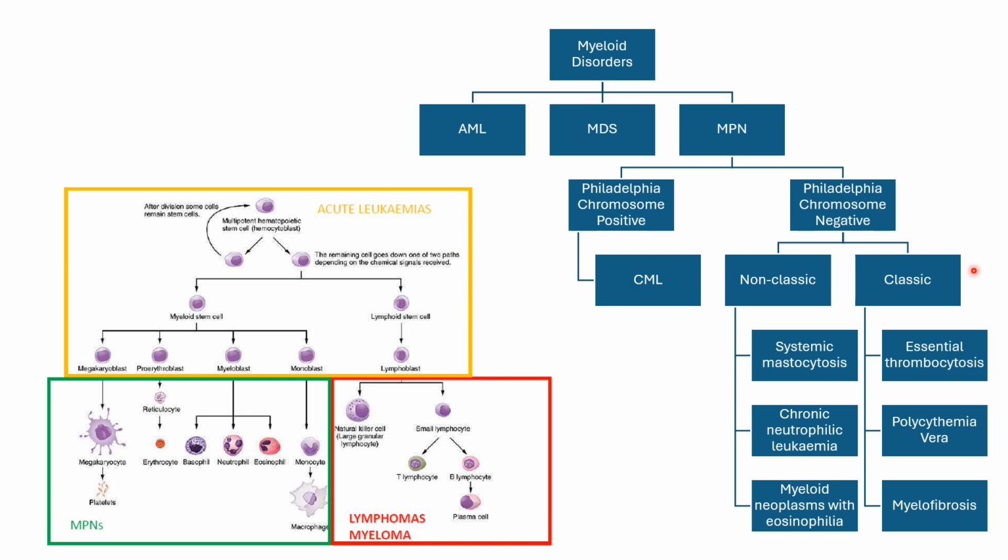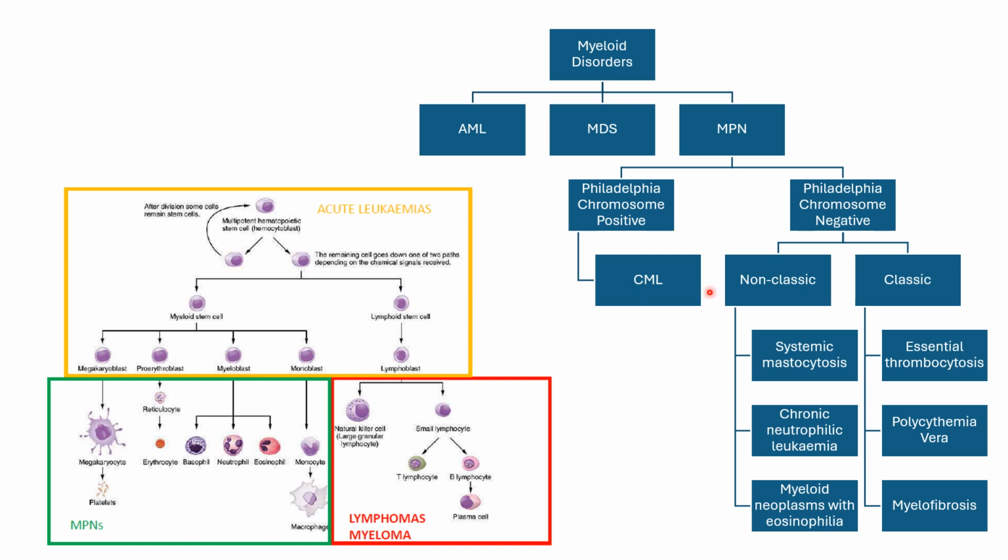And then non-classical, the only one that really should be known is systemic mastocytosis, and that one seems to be a common exam question at the moment. They seem to test all the time one of the mutations, KIT D816V, so that may come up in the exam.